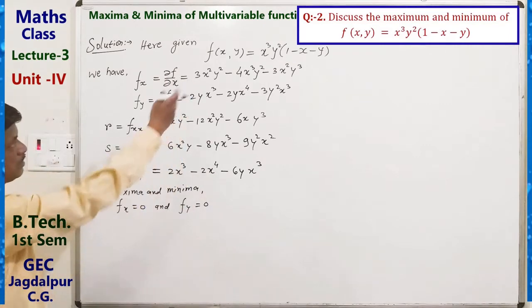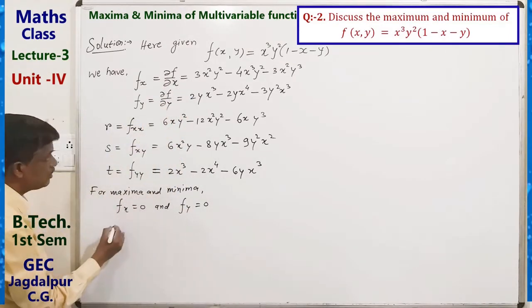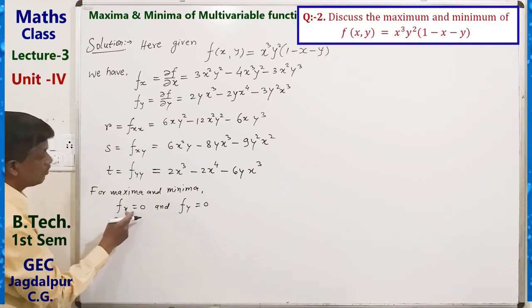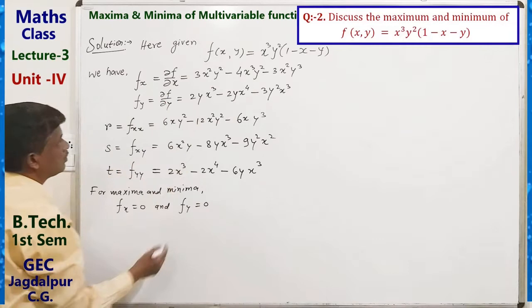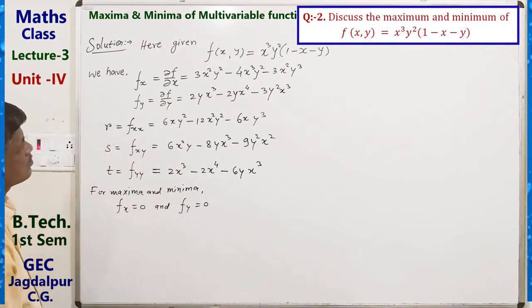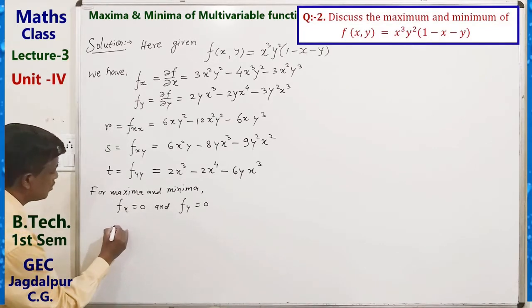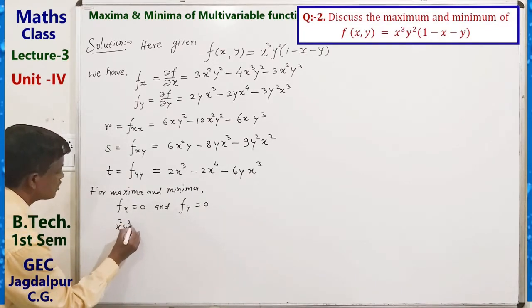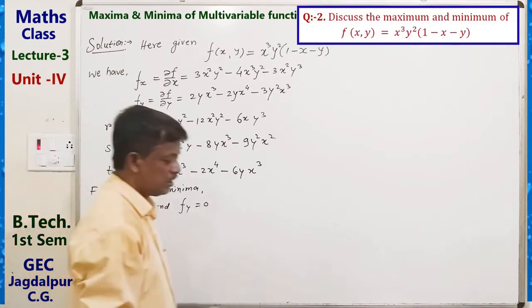So solving it, fx equals 0. Here, common, take common: 3x square y square can be taken common, x square y square common, and the other factor is minus 3.